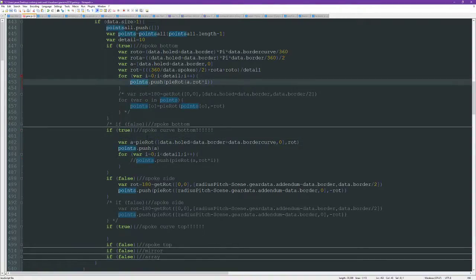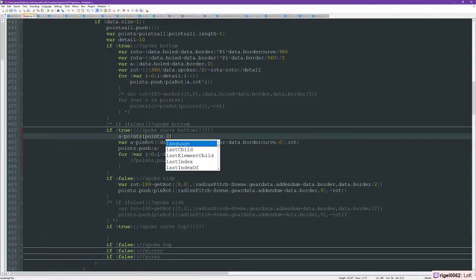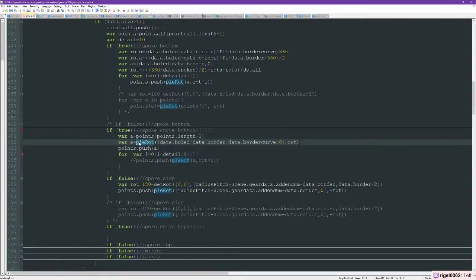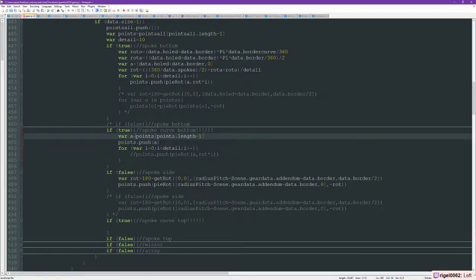Whoa, why did things just go weird when I did that? Whatever. So A equals points A, points whatever. What am I doing? Length minus 1. And we don't need a fire rope. So none of that matters. We want to get that, and we want to change this.